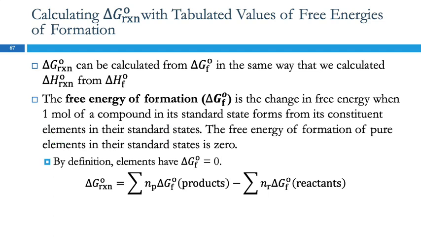The free energy of formation of pure elements in their standard states is 0. So delta H and delta G, elements in their standard states, are 0. Delta S, nothing is 0. So again, we've got that same type of equation here. Find the delta G's for the products and subtract delta G for the reactants.